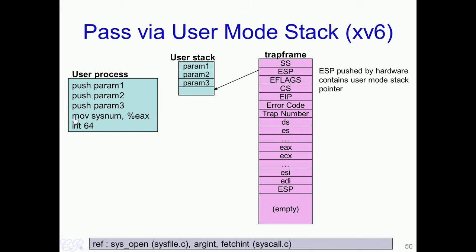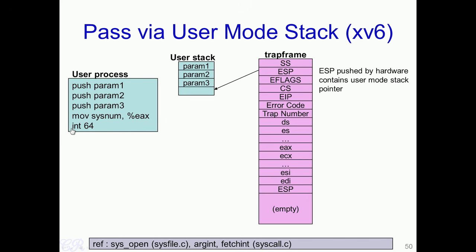For example, if the system call had 3 parameters, param 1, param 2 and param 3, these 3 parameters are pushed onto the user space stack, and then the system call number, as we have seen, is moved into the EAX register. So, this here is the user space stack of the user process containing the 3 parameters.